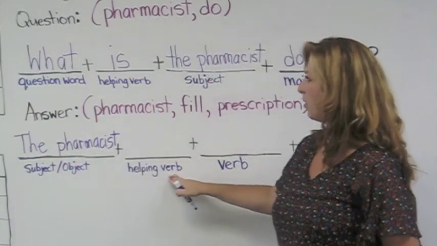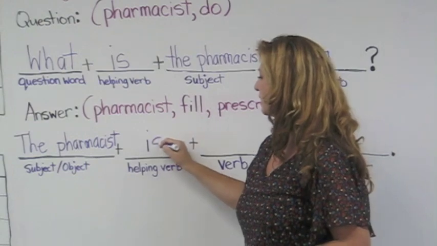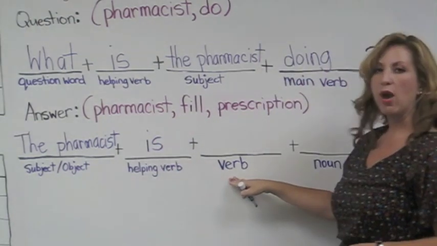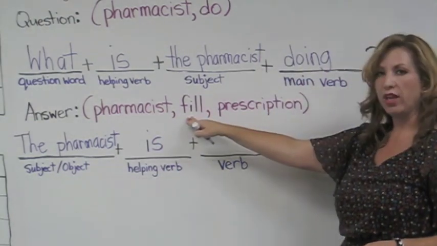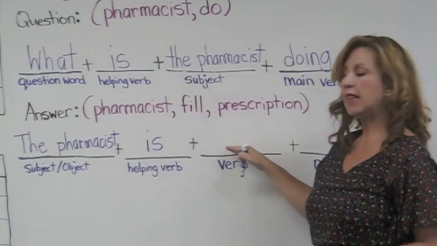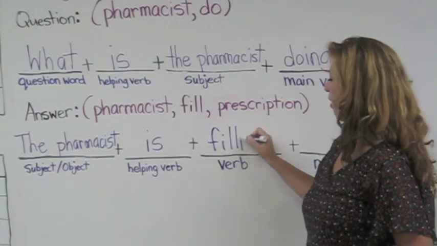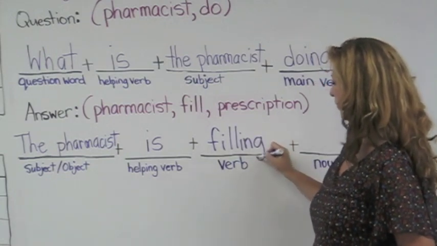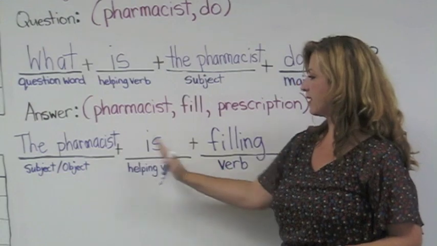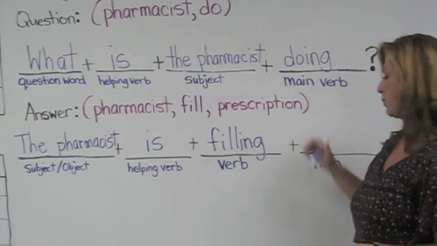our helping verb is. The pharmacist is. Now our verb is to fill. The pharmacist is filling because we need to conjugate our verb. The pharmacist is filling the prescription.